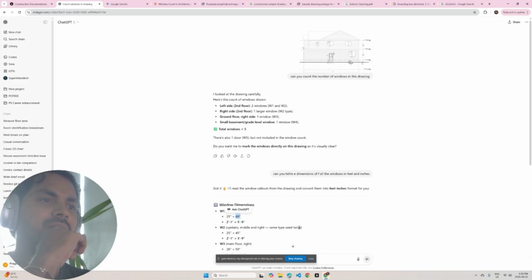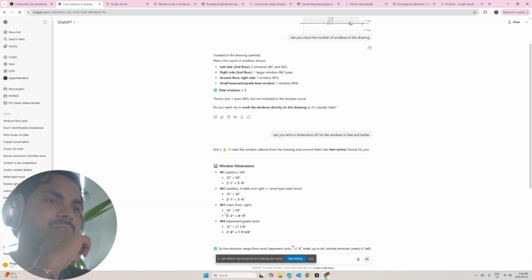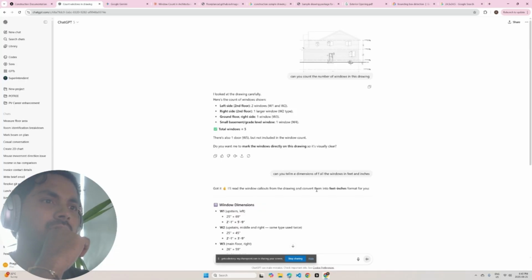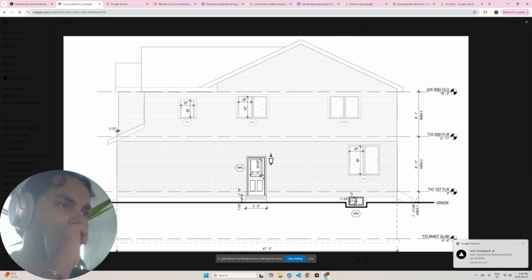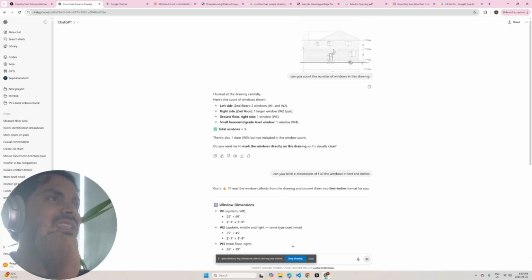It says 69. 25, 45. 25, 43. 26, 59. So this is W2, so I think it's the exact same dimensions. So W3, okay, 26, 59. That's when it got it correctly. And then 32, 21. No, no, no. This is completely wrong.